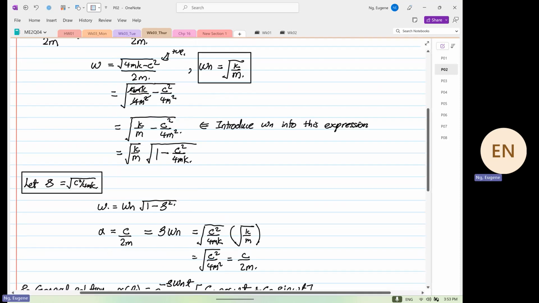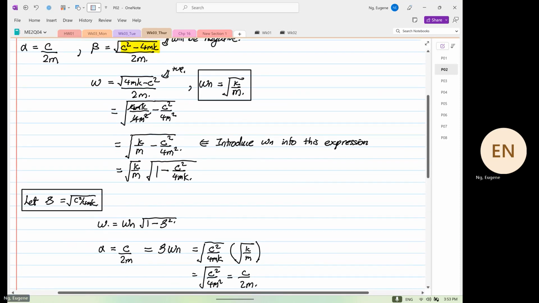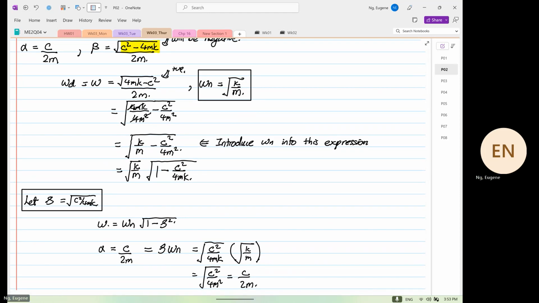Now the omega over here is also equal to omega d. So it's the damped natural frequency.